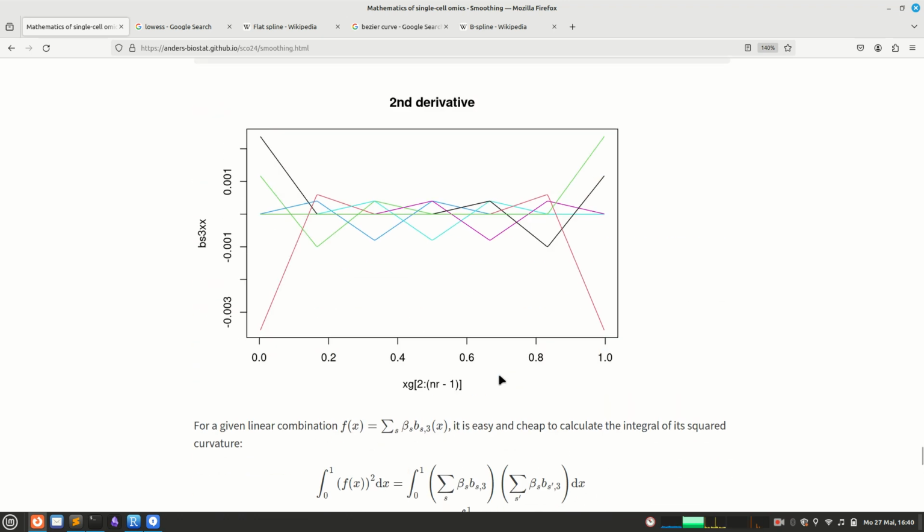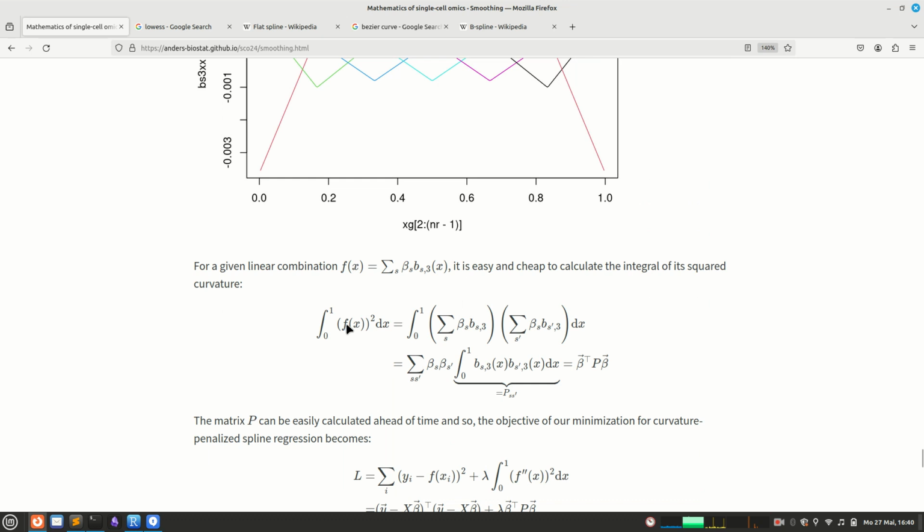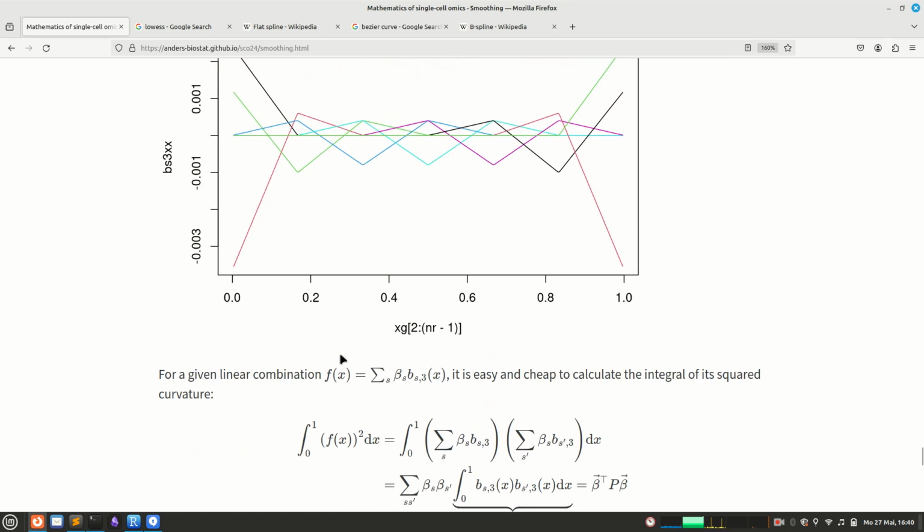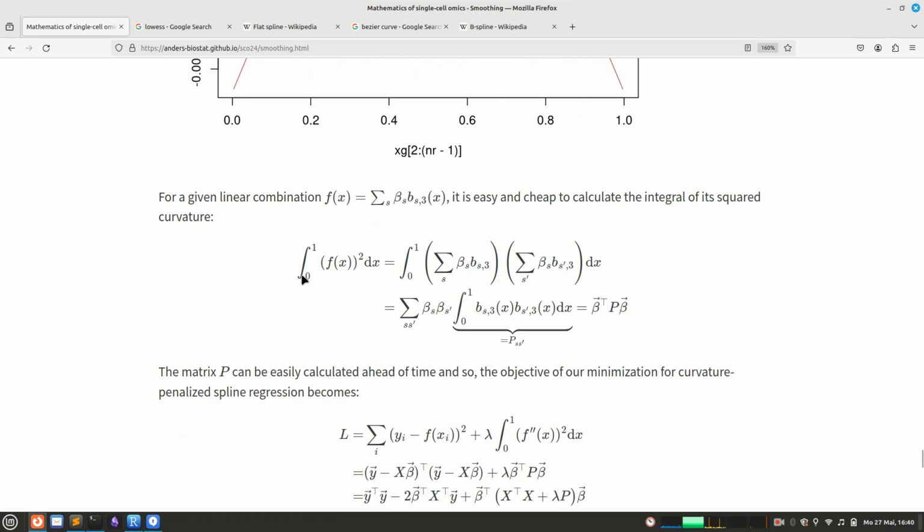And with this, we can now look back again at our function here. This was what we wanted to calculate, the integral of a second derivative. So here the 2 second derivative signs are missing. We calculate them by saying this is the function times the second derivative times itself.